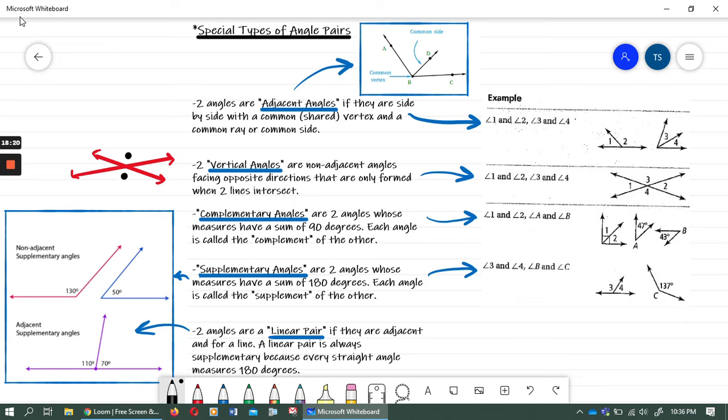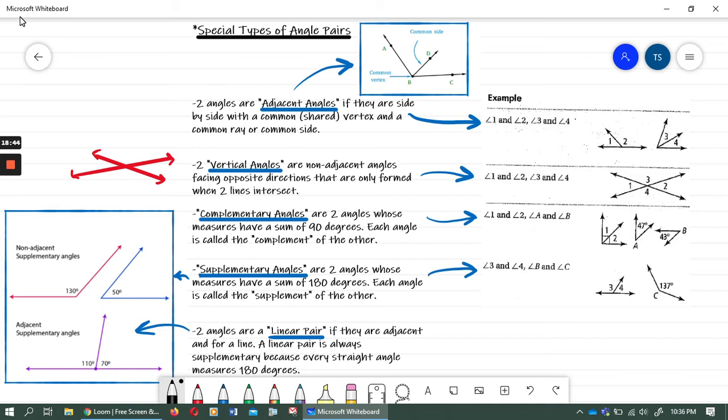Those 2 angles there would be considered vertical angles. You get what I'm saying? So it happens when you have 2 lines that intersect. But again, the 2 angles we're talking about are not adjacent, and they're going to be facing opposite directions.